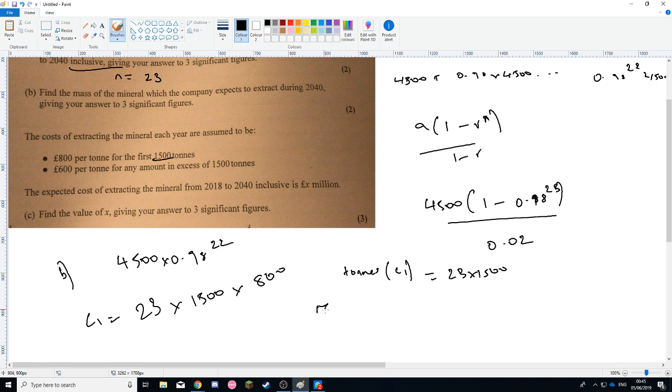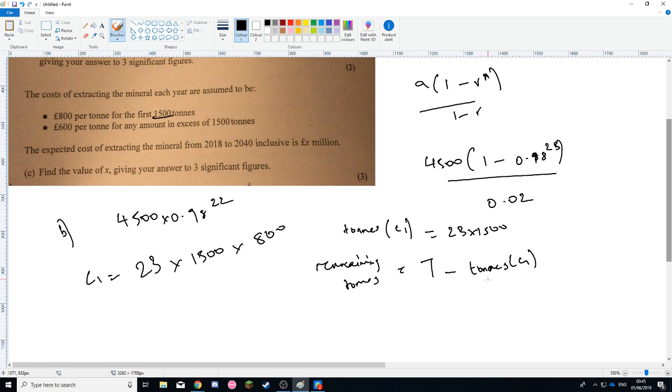And then the remaining tons is equal to the total which you calculate in part A, minus the tons of C1. Each of those remaining tons were in excess of 1500, so they were charged at 600. So let's call this C2, the second charge, equal to 600 per ton.